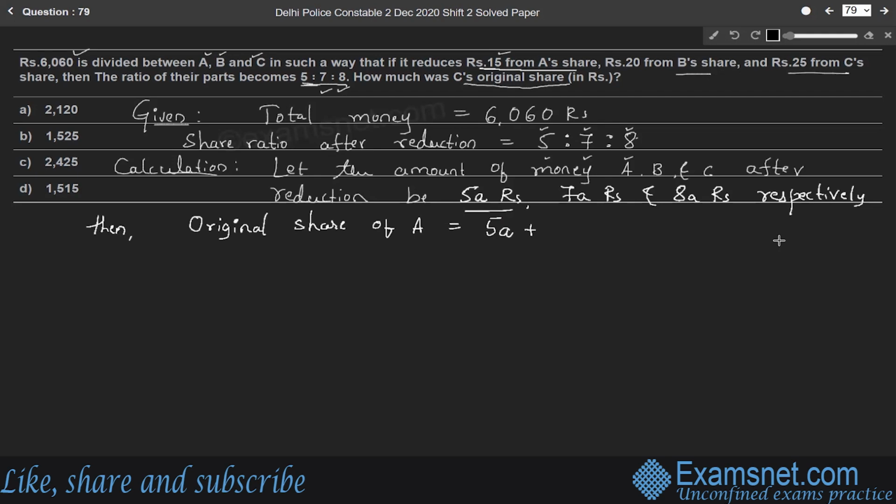So the original share of A becomes 5A plus 15 rupees. And the original share of B becomes 7A plus 20 rupees. Whereas the original share of C becomes 8A plus 25. Therefore, the sum of these three amounts gives the total money, right?